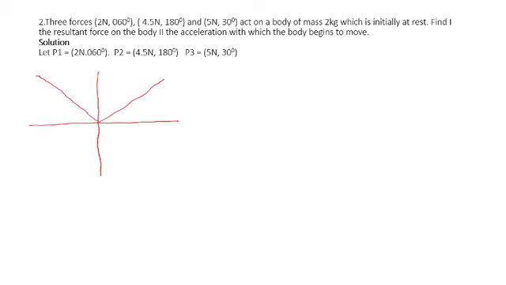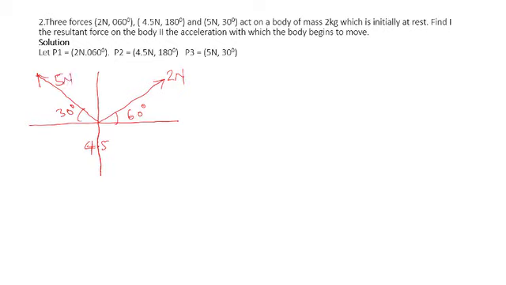And we have this on the straight line, because this one is 180 degrees, so this is 4.5 at 180 degrees. This force here is 2 Newton, and its angle is 60 degrees, while this other one is 30 degrees, and the magnitude of the force is 5 Newton.